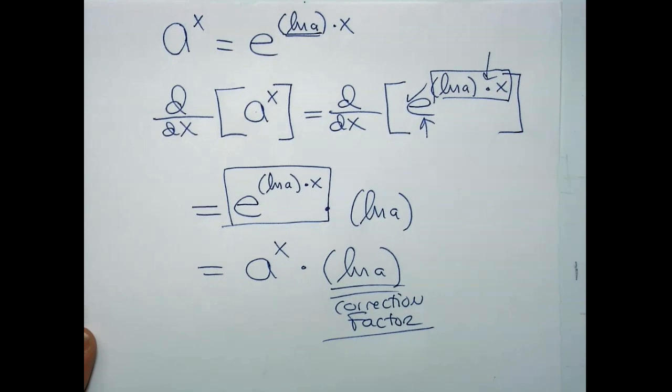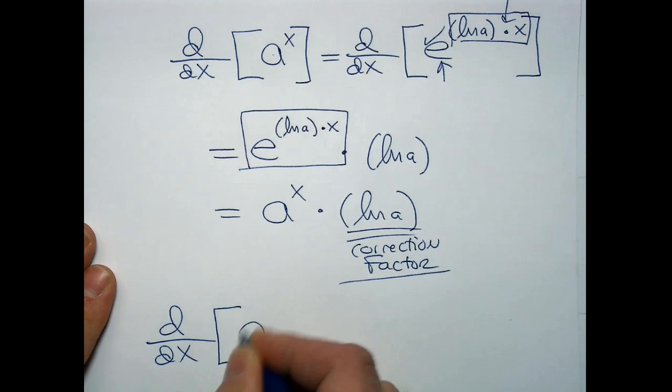So by having the ability to rewrite any base exponential into the natural base, that is a function we know about. We know the derivative of e raised to something is itself. And then, of course, run the chain rule. So I did that. Now, what I discovered is the following.